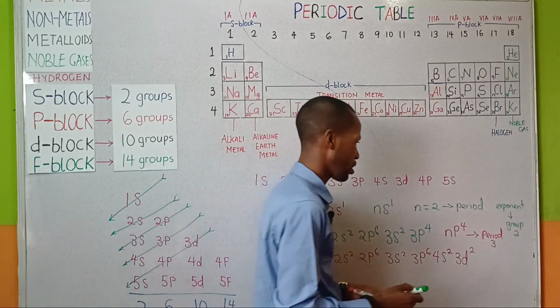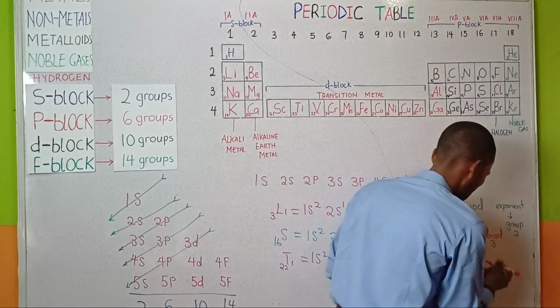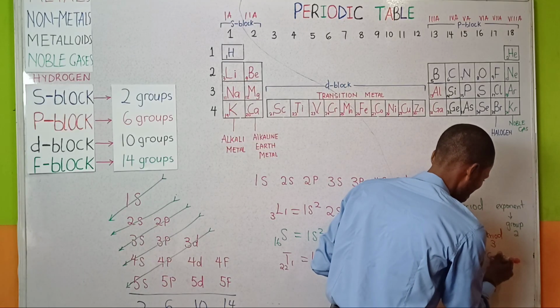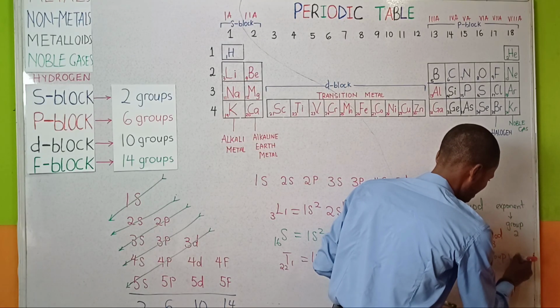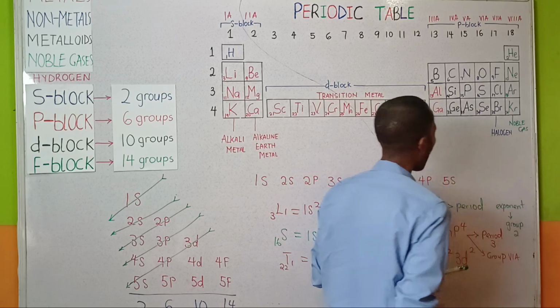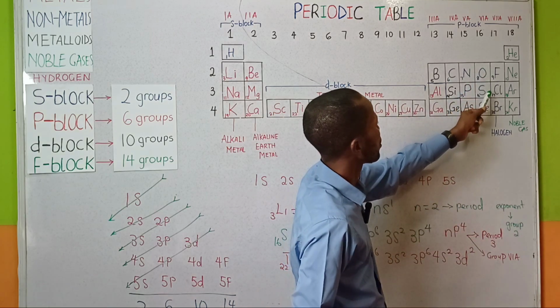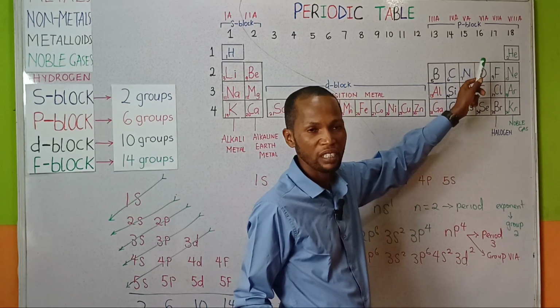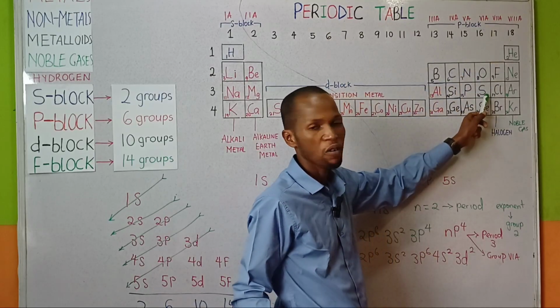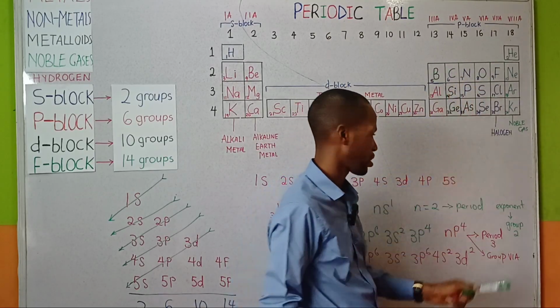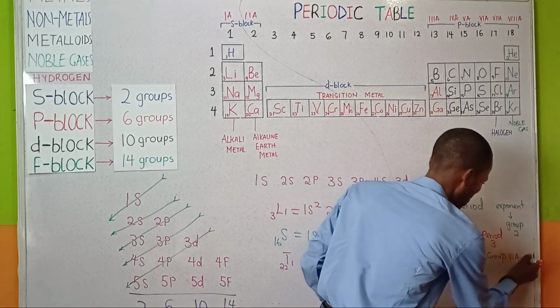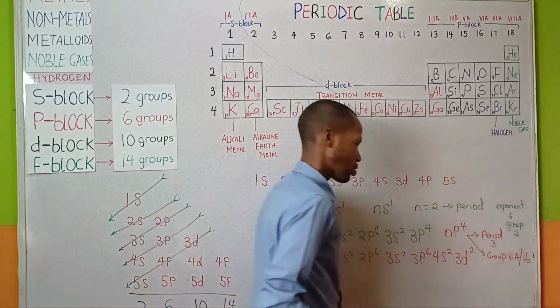Group 6. So we have group 6A. Yes, sulfur is found in group 6A right here. And we can also express the group as group what? 16. Okay, we have group 16.